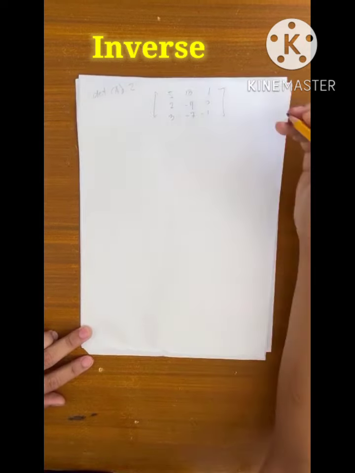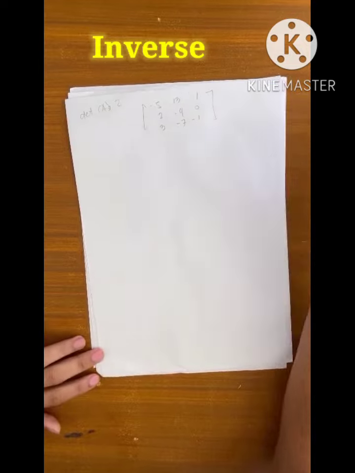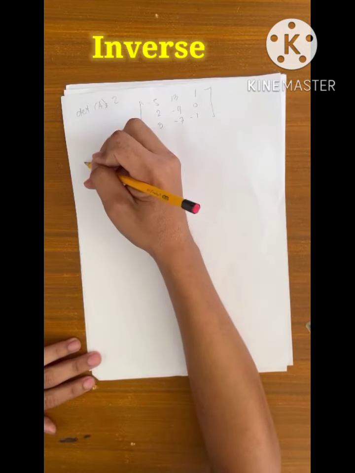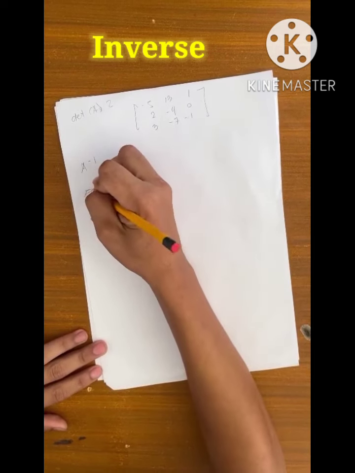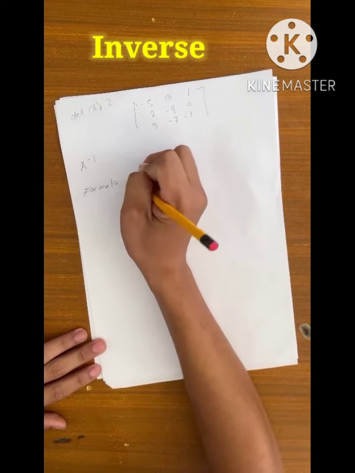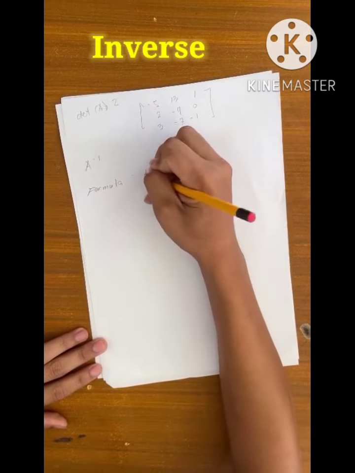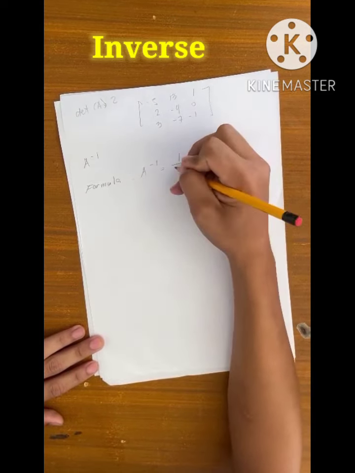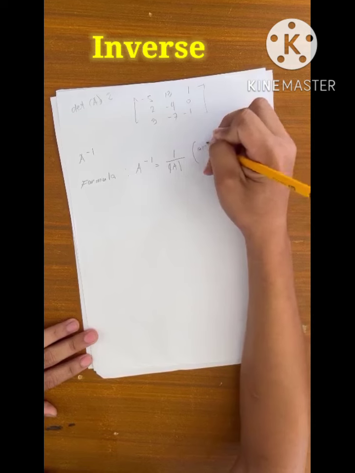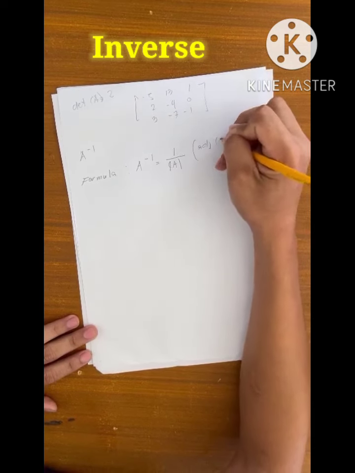So now we can solve the inverse of matrix A. The inverse of matrix A is denoted as A raised to the power of negative 1. Now the formula of the inverse matrix is A raised to the power of negative 1 is equal to 1 over determinant of A times adjoint of A.